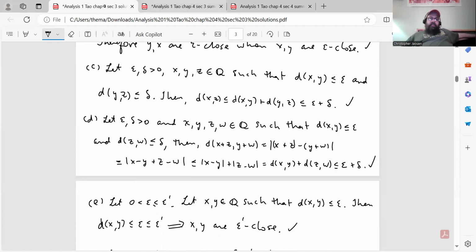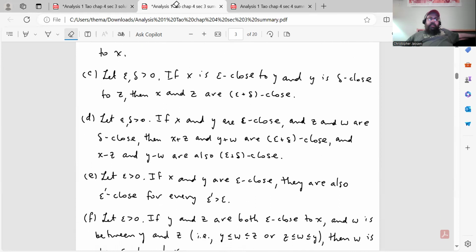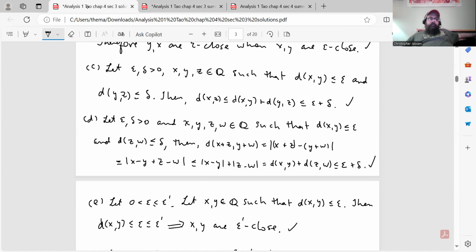Right. Then part C says let epsilon, delta greater than 0. If x is epsilon close to y and y is delta close to z, then x and z are epsilon plus delta close. All right, let epsilon, delta greater than 0 and also x, y, z be rational numbers such that the distance between x and y is less than or equal to epsilon, and the distance between y and z is less than or equal to delta.